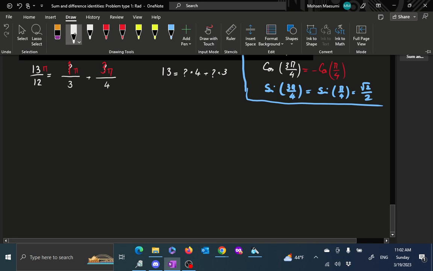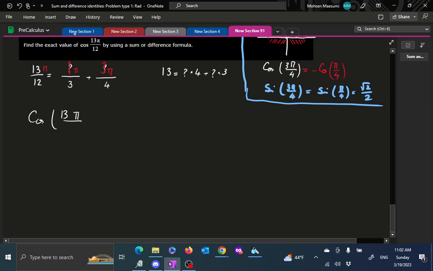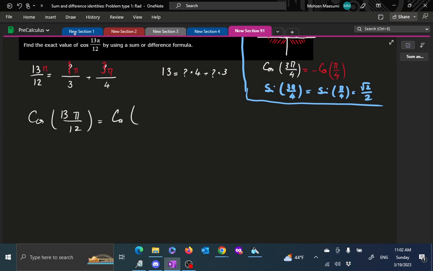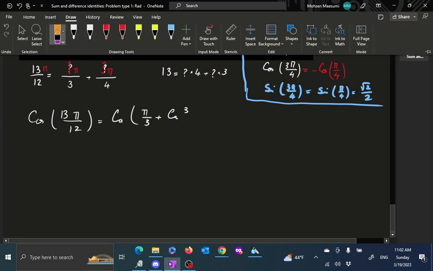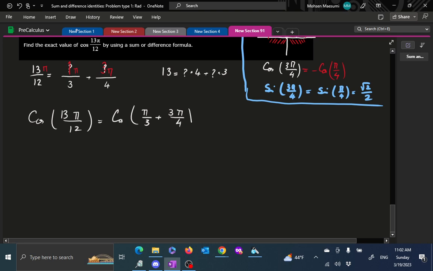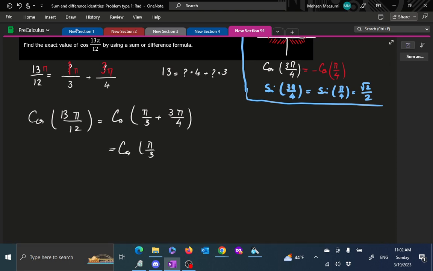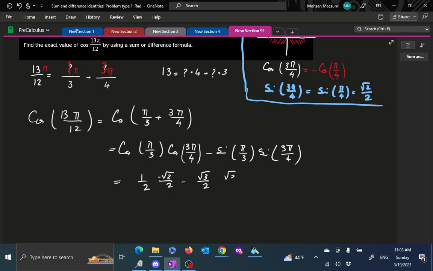And therefore, we have cosine of 13 pi over 12 is cosine of pi over 3 plus, excuse me, 3 pi over 4, and that's cosine of the first, cosine of second, minus sine of first, sine of second, and 1/2 times minus radical 2 over 2, minus radical 3 over 2 times radical 2 over 2.